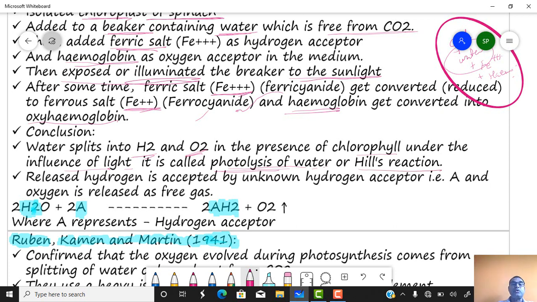The released hydrogen is accepted by an unknown hydrogen acceptor, here considered as A, and oxygen is released as a free gas. So 2H2O plus 2A, where A is an unknown hydrogen acceptor, gives 2AH2, and O2 gets liberated.